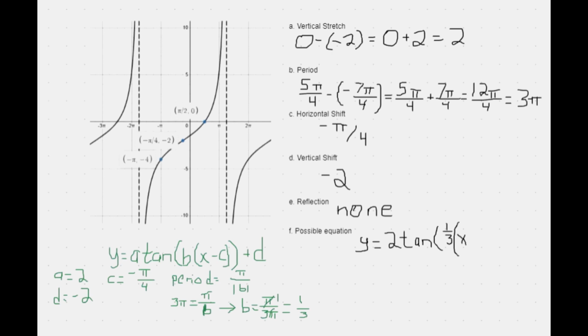When you minus a negative, that actually becomes addition, so we put plus pi over 4, and then minus 2. So whenever the horizontal shift is negative, you put plus, and if the horizontal shift is positive, you put minus. Yeah, so we end up with this particular equation, and that should represent the graph of this tangent function.